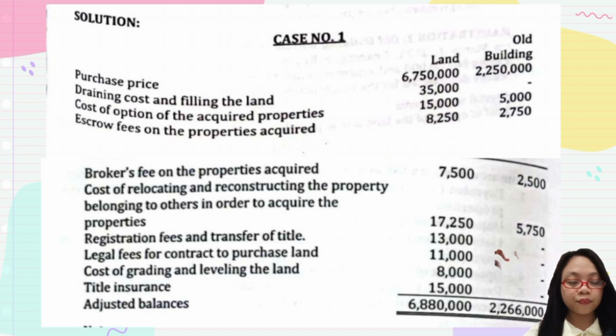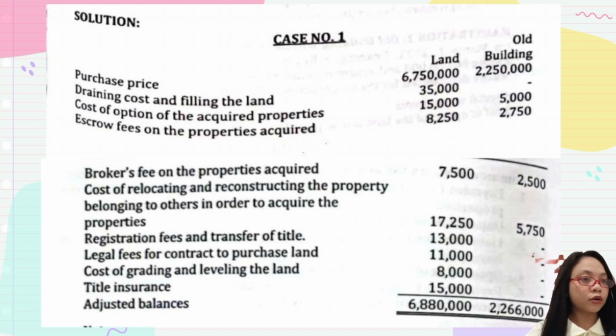Ang kaning broker's fee is similar sa escrow fee na incurred during the acquisition process. Kaning broker's fee is ang fee na atong ihatag ngadto sa real estate broker na nag-help nato to acquire or to buy the properties.